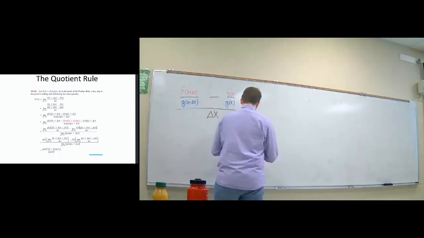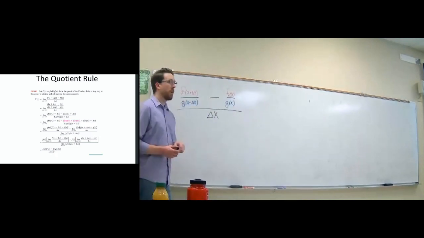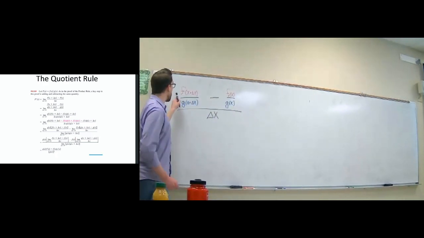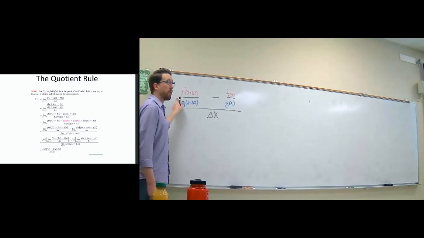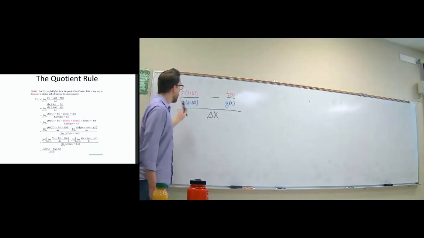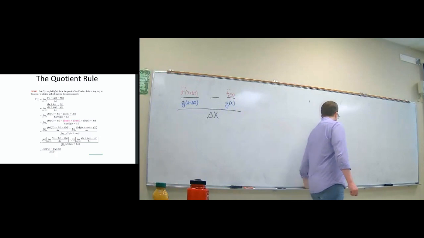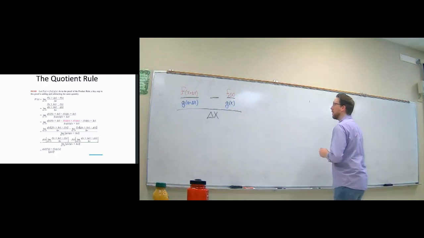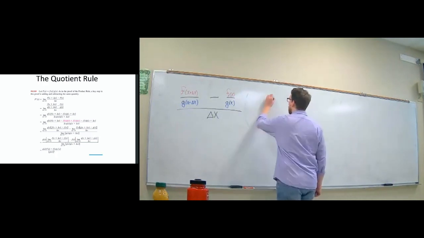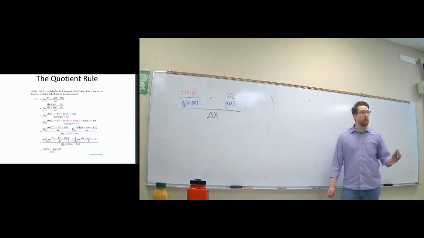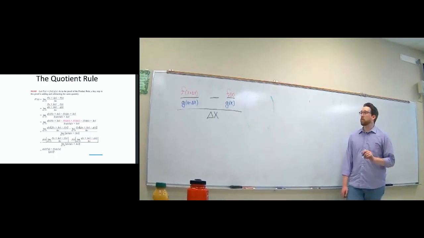Subtract this. Okay. What we want to do is we want to get rid of the fractions in our numerator. So to do that, we're going to multiply by 1. We're going to choose our 1 in a way that cancels out or kills off those fractions.